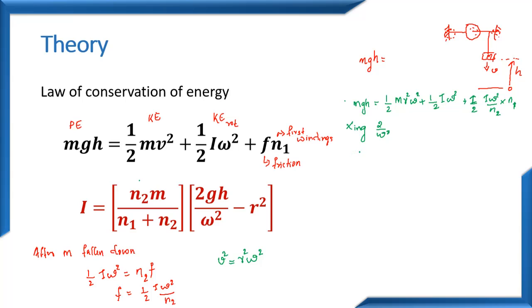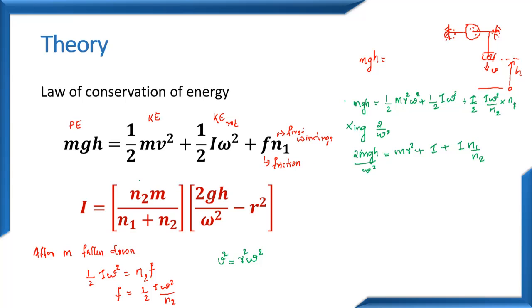What I will get is 2mgh by omega square equal to m r square plus I plus I N1 by N2.